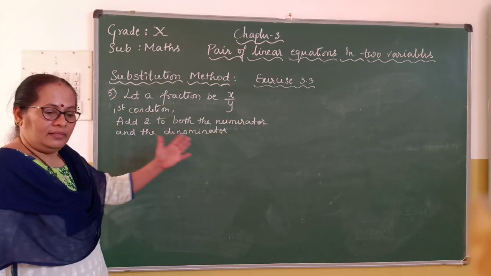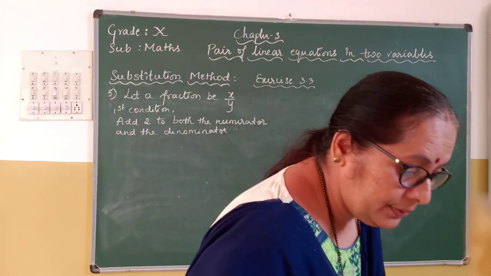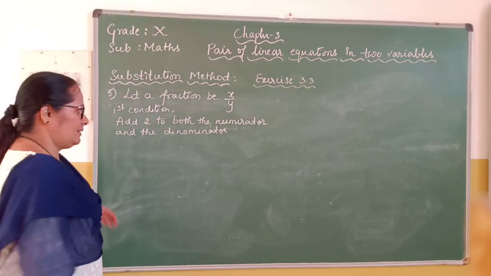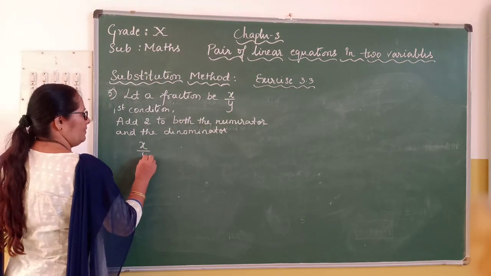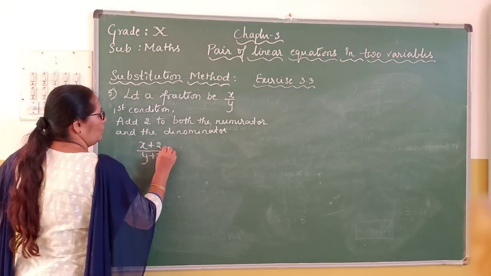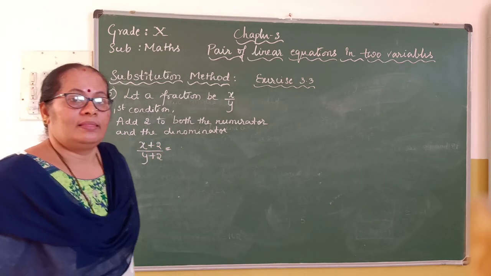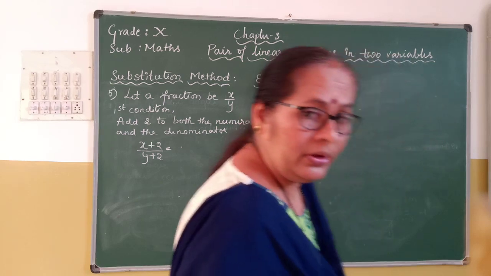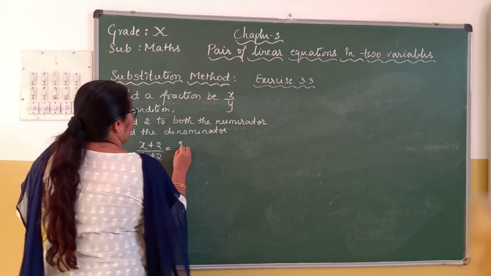Then the fraction is equal to 9 by 11. So x by y, add 2 on both the numerator and denominator, then the fraction is equal to 9 by 11.